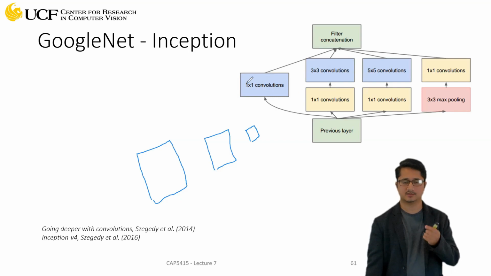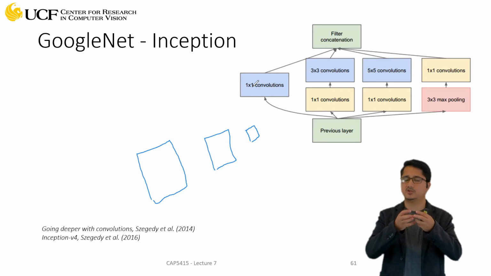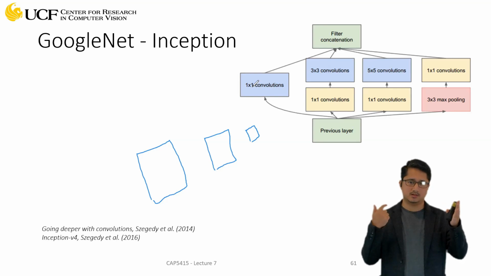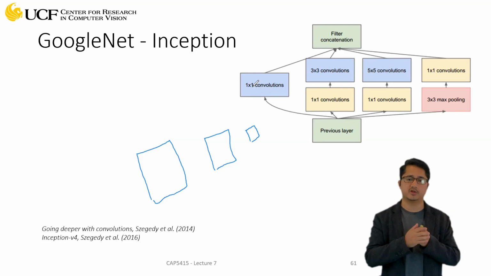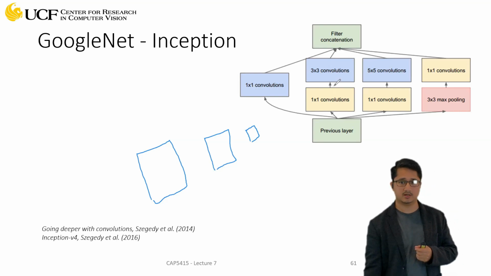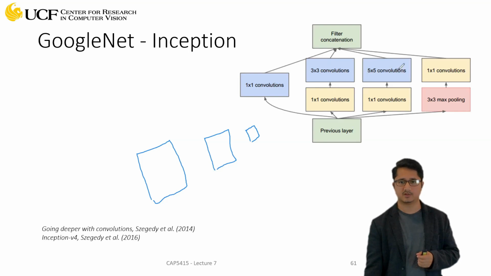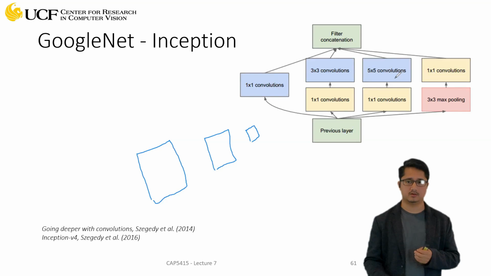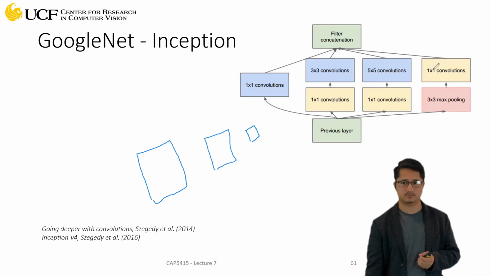So you are just looking at the pixel location, which is 1x1. The idea here is you don't really care about the neighbors. You only care about what different feature sets you have across the channels, and whatever inference you're making, you're just computing a linear combination of those activations. And this is 3x3, so this looks at a local neighborhood as well. 5x5 is a slightly bigger neighborhood. And this one does max pooling, so you first reduce the shape and then look again.